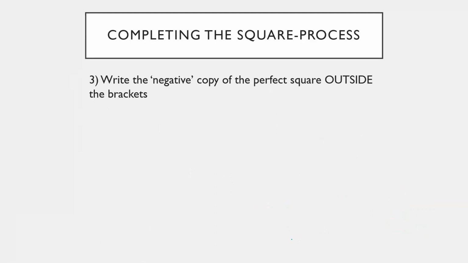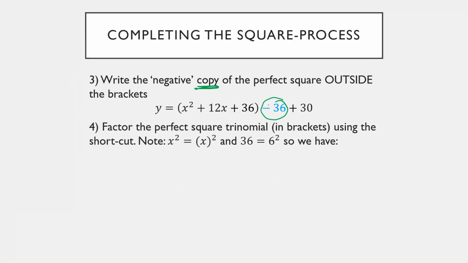I always say the negative copy is basically the opposite of the perfect square that we created, and we write it outside of the brackets. So you simply write the negative 36 outside of the brackets. Then you factor the perfect square trinomial that's in brackets, and you do this using the shortcut, which we just learned about.